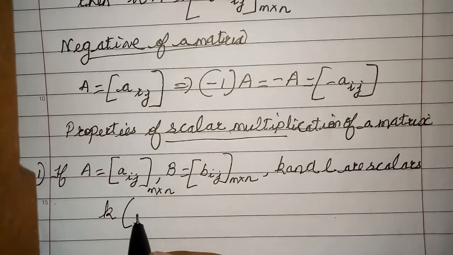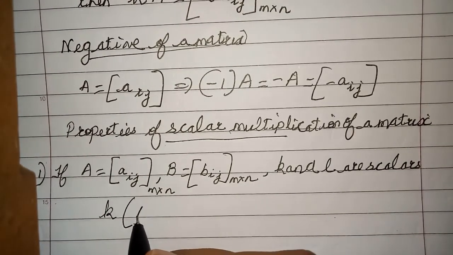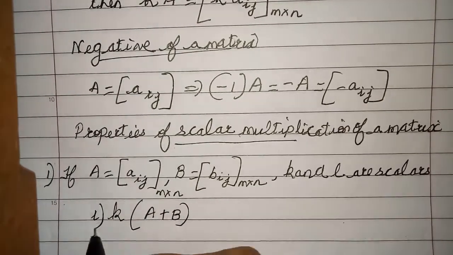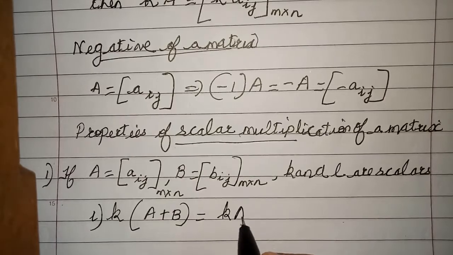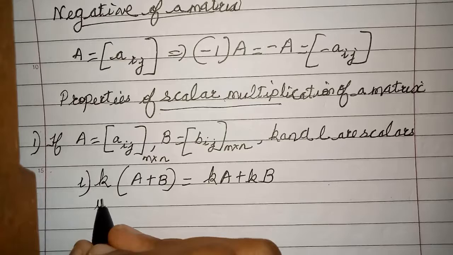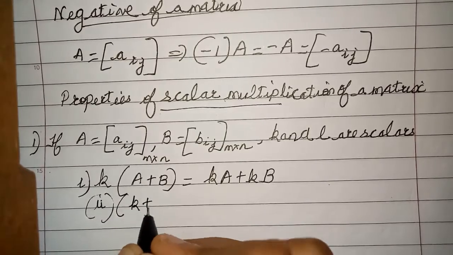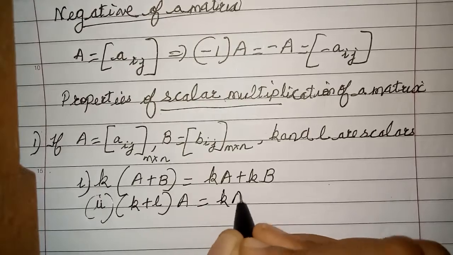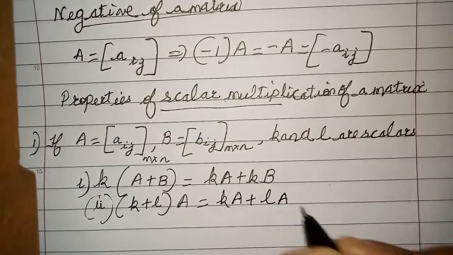So it says that k times (A plus B). First property says k times (A plus B) is kA plus kB. Second property says that (k plus l) times your matrix A is kA plus lA.